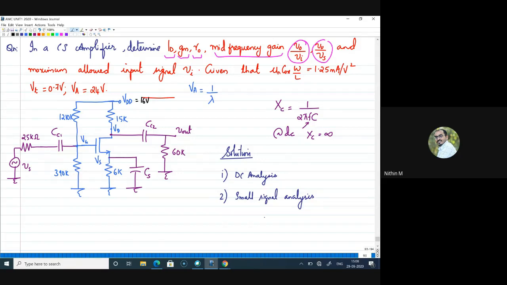Just to avoid that complication, we generally do not consider that. Even if you consider it, the variation will be very minute. So in most cases for DC analysis, even though lambda is there, we will assume lambda equal to 0, or we will not consider the 1 plus lambda VDS part, just for simplicity. That is the reason. Very good observation, Mugil.